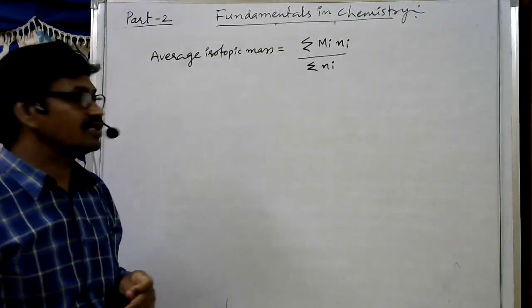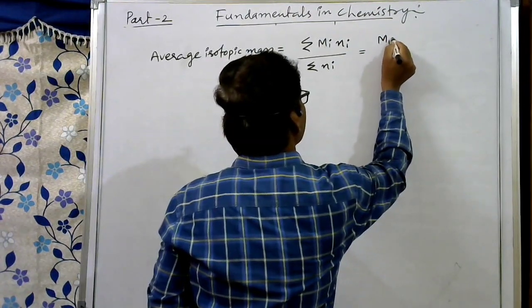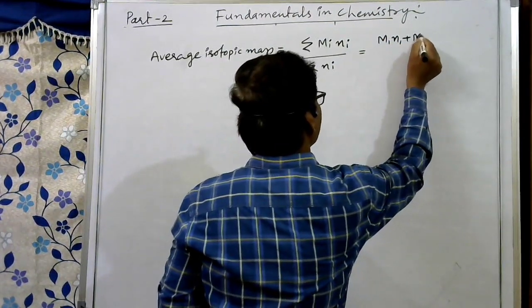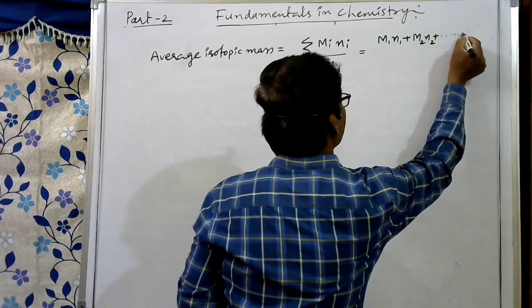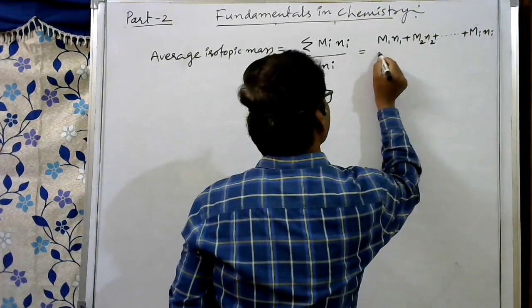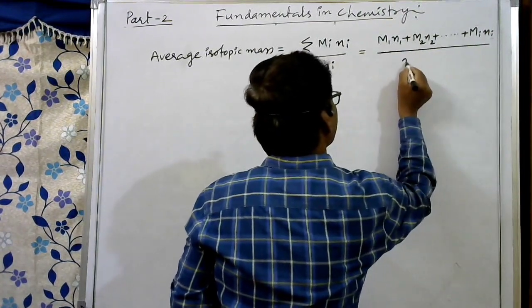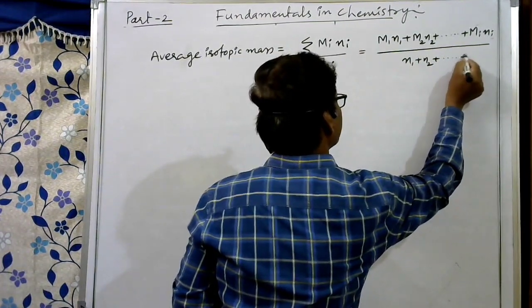This is the formula. If you expand this, we can write m1n1 plus m2n2 plus and so on up to mini, for however many there are, divided by n1 plus n2 plus and so on plus ni.